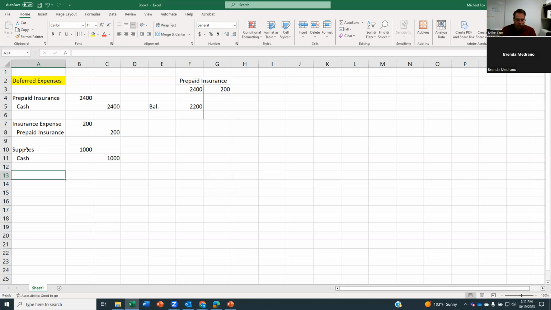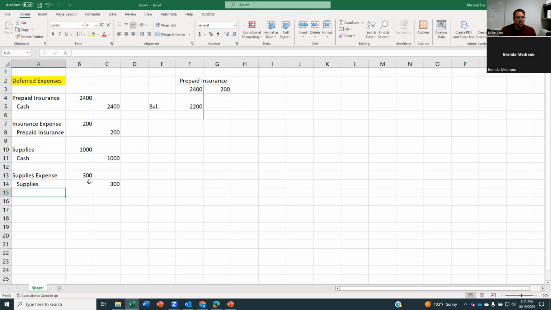So I would do supplies expense of 300 and credit supplies, the asset, of 300. That shows I used up $300 worth of supplies during the month.